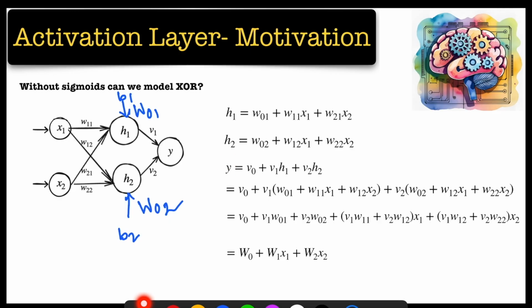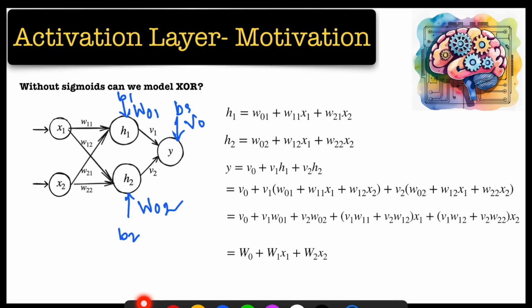And let's say we have one bias for Y as well, with weight V0. So Y is V0 plus V1H1 plus V2H2. Let's replace H1 and H2 here. So we get V0 plus V1 times this thing, plus V2 times H2 here.